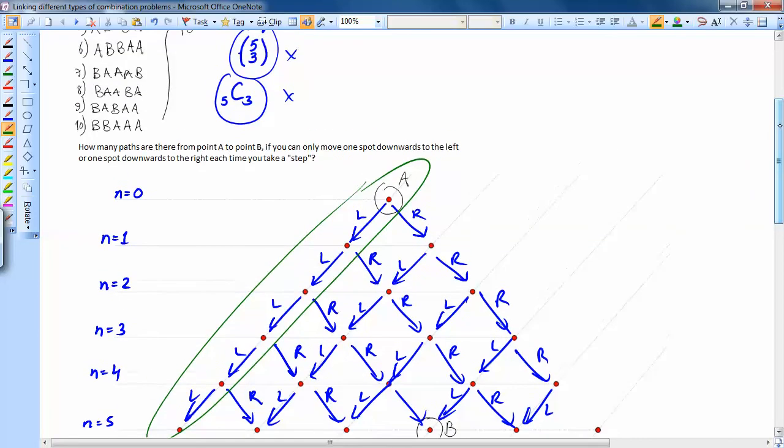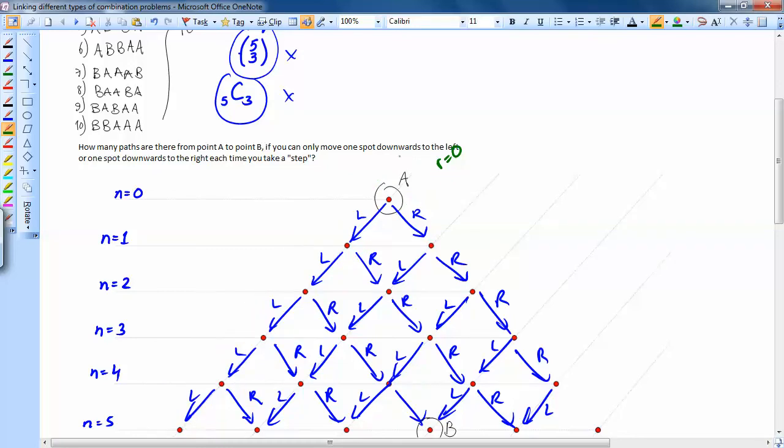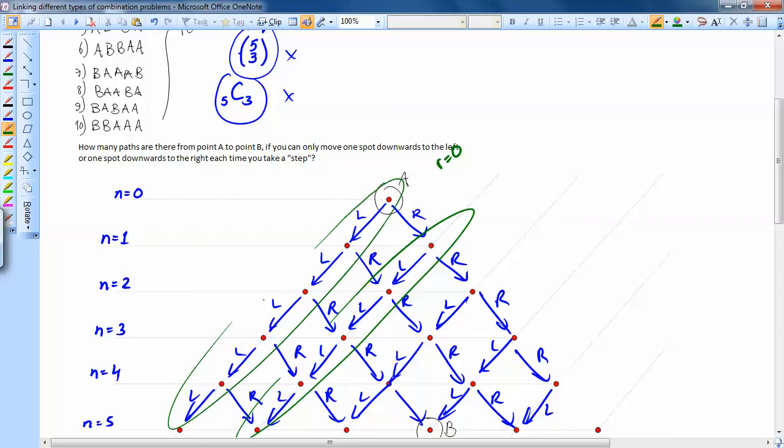So I can say this slant row is the right turn equals 0 row. And the only way to get to any point in this row is to be in this row and take 1 right turn total.